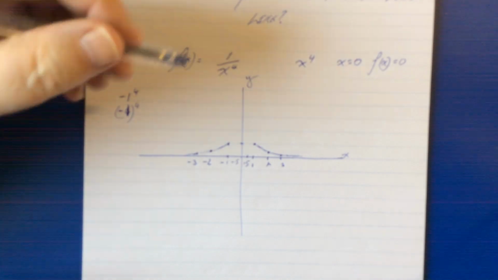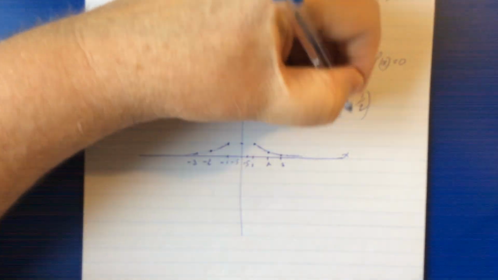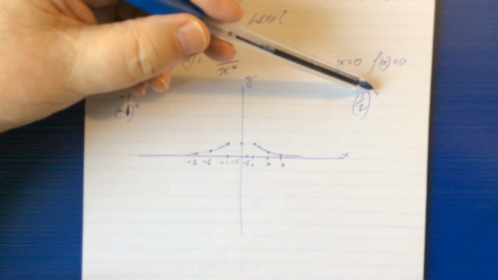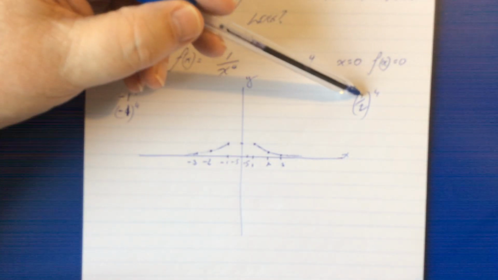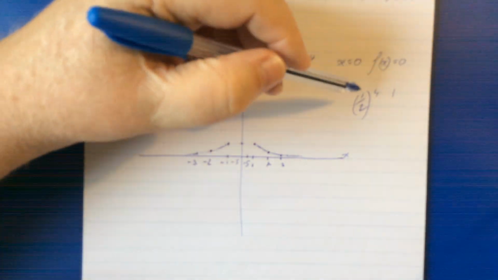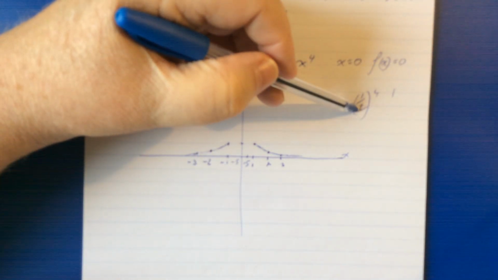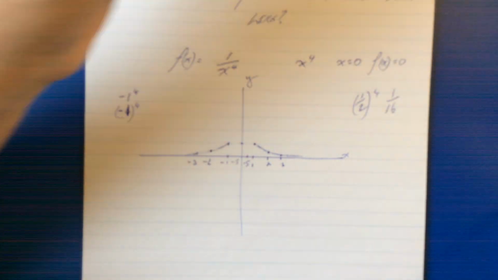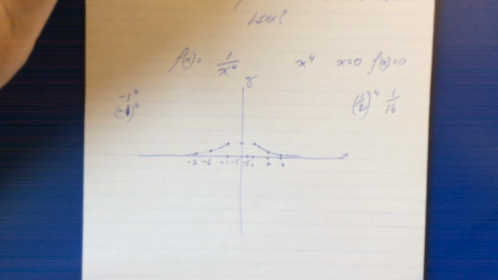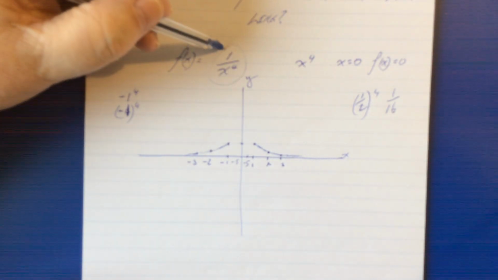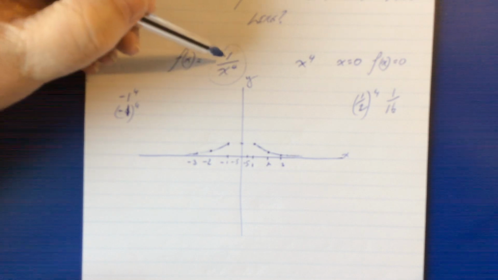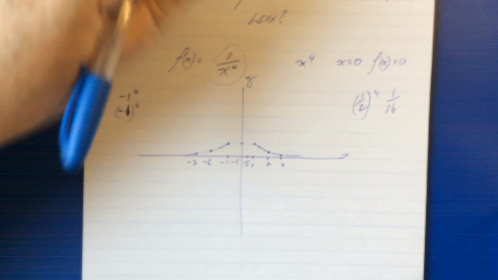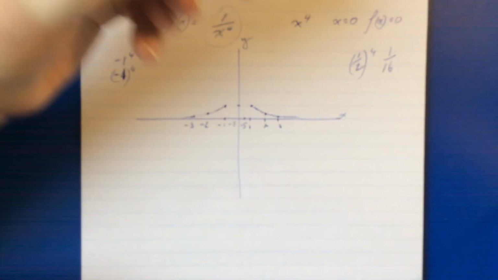Well, what is 1 over 2 to the power of 4? The rules about indices and fractions tell you that it's 1 to the power of 4 over 2 to the power of 4. So that is 1 over 16. But what we have is a function that means that this 1 over 16 is going to be the denominator. So just down here, I'll show you what that means.